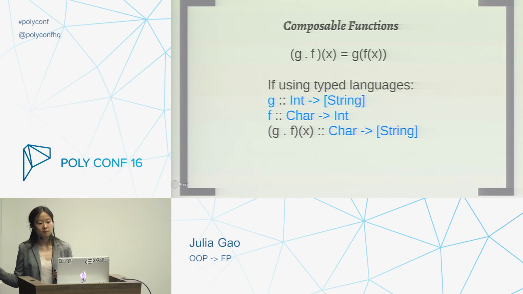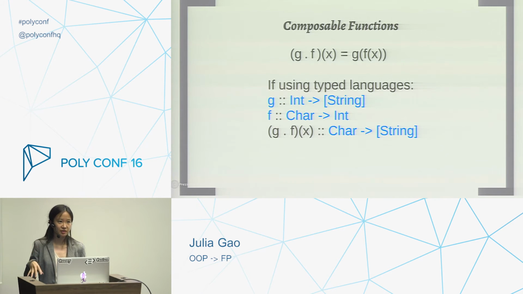So the only way this could work is we're putting the result of f of x back into g. So it's always given a character and then returns a list of strings. This actually guarantees that you're getting the right value to your second function or your third function every single time. So you're not getting some random value of some random type that your second or third function are not checking.